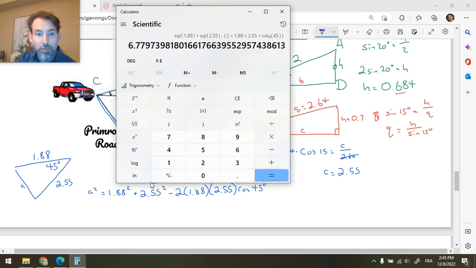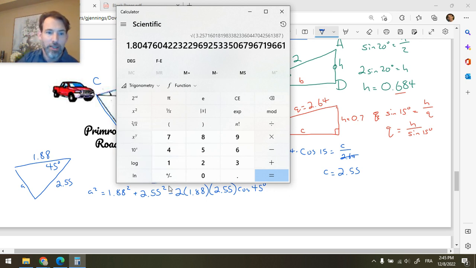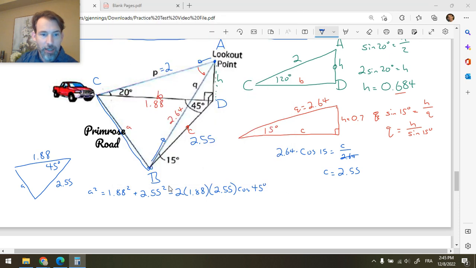That is the correct expression. Push equals. This is A squared, 3.25. So now take the square root of that. 1.8. I can kind of believe that. So A is equal to 1.8.